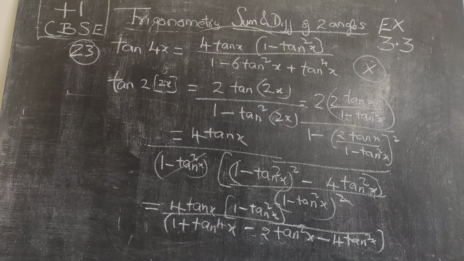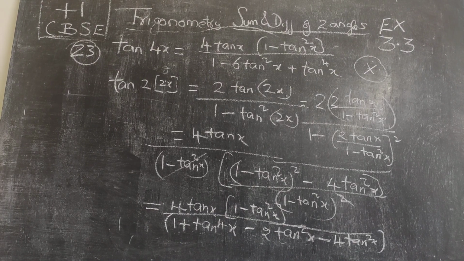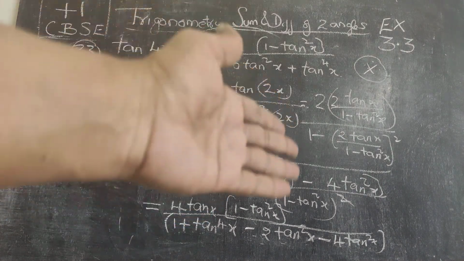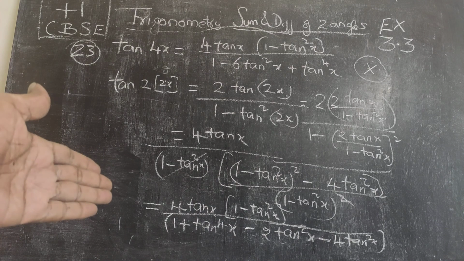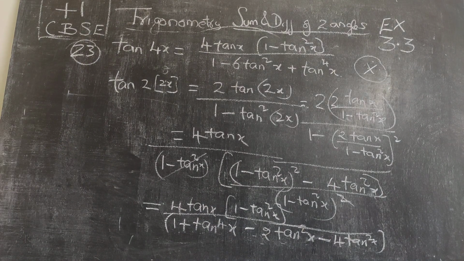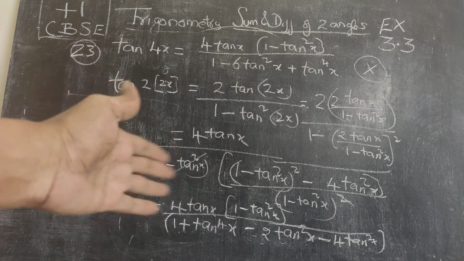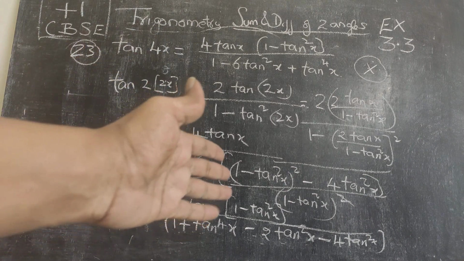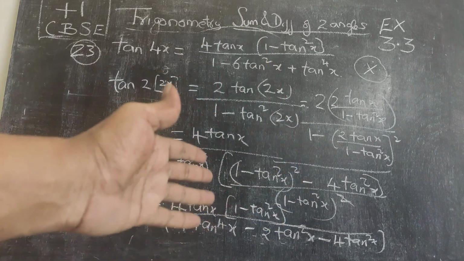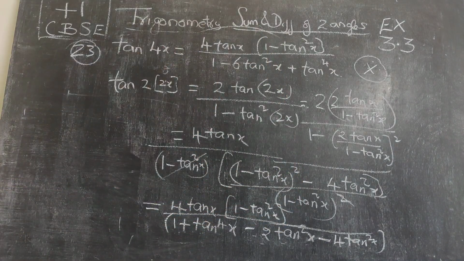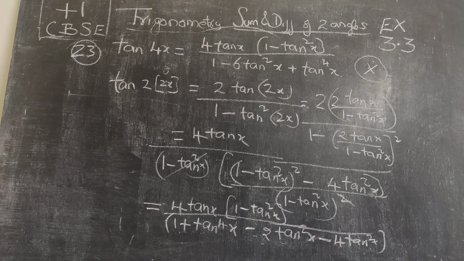A minus b the whole square: a square plus b square minus 2ab, and that minus 4 tan square x remains. Now if you simplify the denominator, you will get 1 minus 2 and minus 4, therefore minus 6 tan square x and plus tan power 4x, which is there in the problem. And the numerator we already got. So after that, just write one step and simplify: club tan square x terms, minus 2 tan square x and minus 4 tan square x, you write it as 1 minus 6 tan square x plus tan power 4, and say that we have proved. Now I go for question number 24.